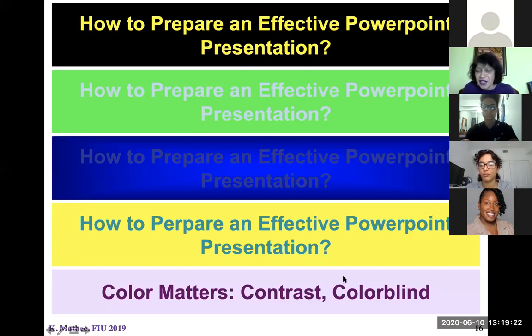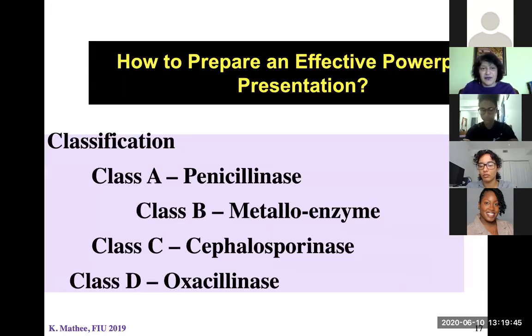The other thing you have to think about is colorblind people. A lot of men are colorblind. We always know about blue, green and red color blindness, right? But there are other combinations of color blindness too. So look it up and try to stay away from colors that will make it difficult for people with colorblindness to see your slides.